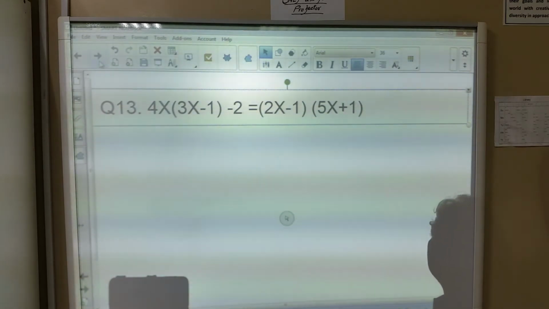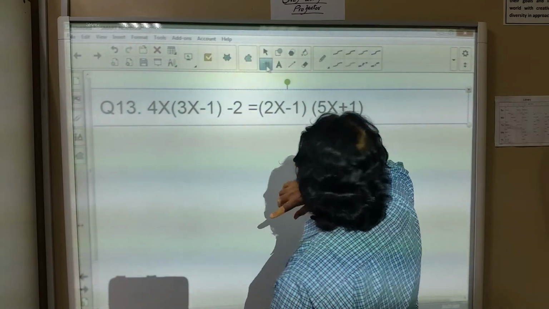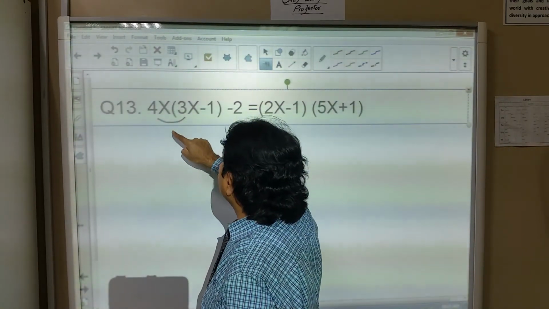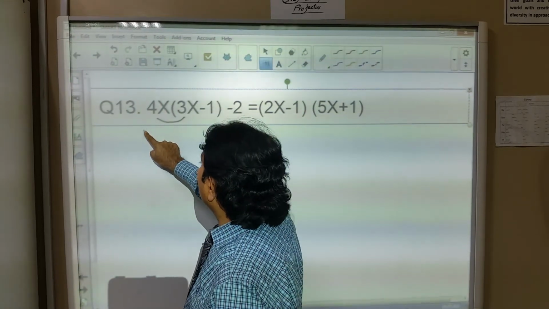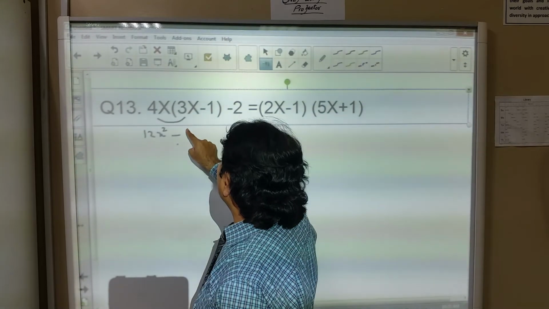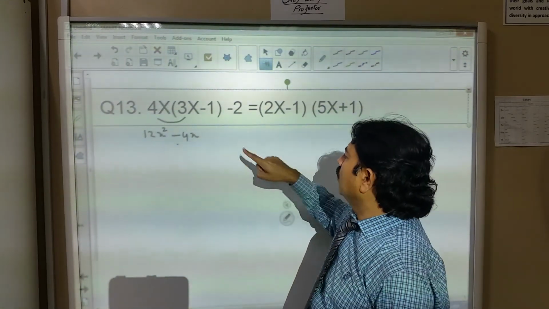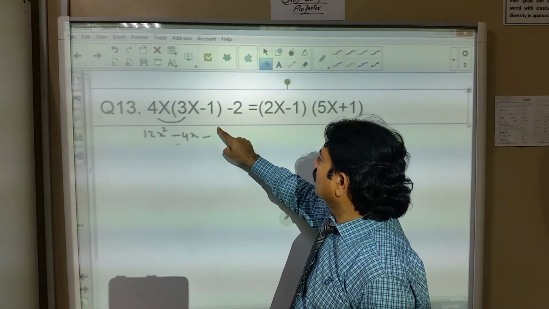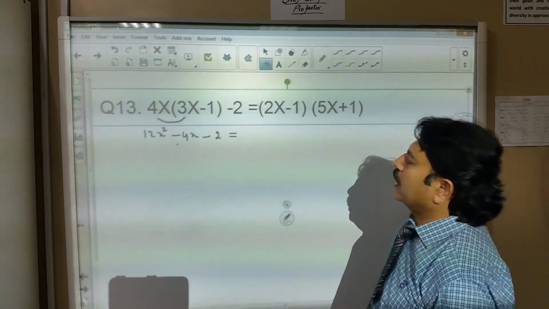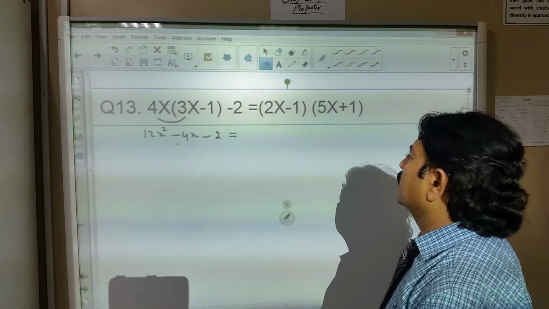4x into this. So first of all, you will multiply 4x with 3x. 4 3s are 12x square. Then minus 4 1s are 4x. Okay, students, minus 2 is equal to, first you have multiplied 4x with 3x, 12x square minus 4x minus 2.